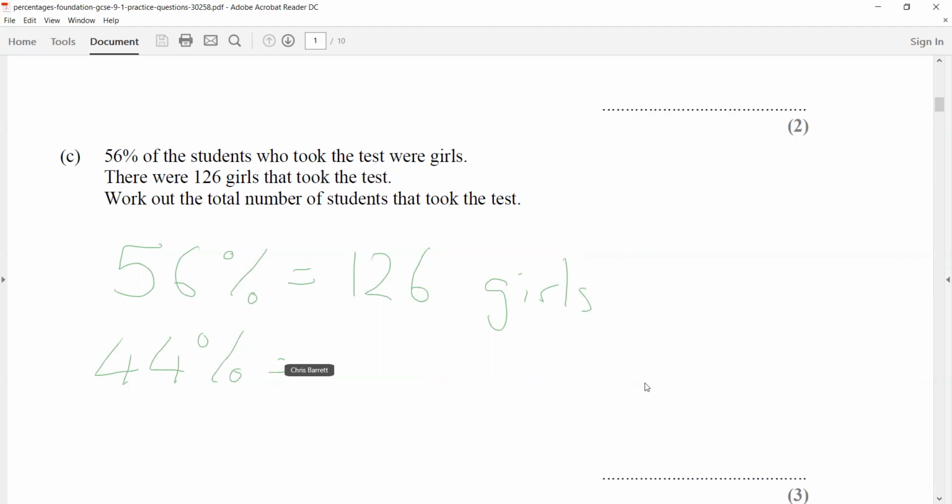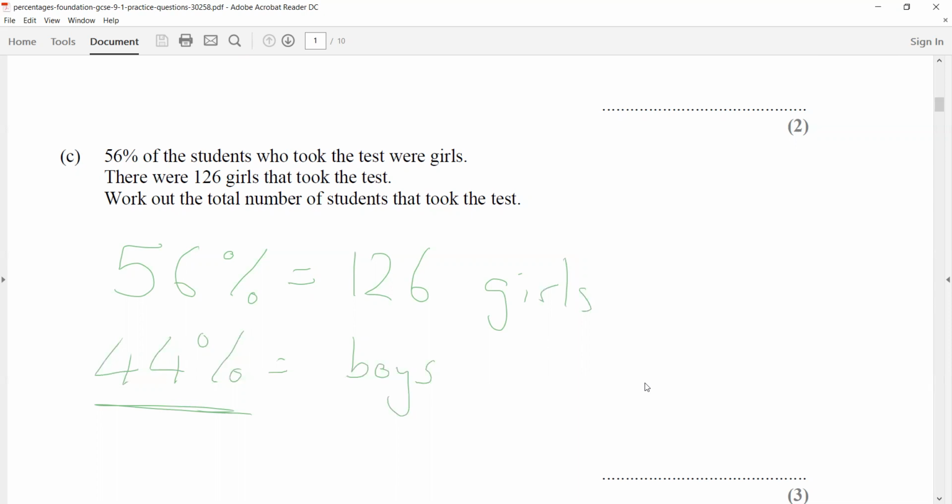Okay, is equal to the boys. So straight away, I'm probably going to be gaining a mark there. Quite a nice simple mark just by representing that I know that 44% are then going to be equal to the boys. What I then want to do now is use what I've got.